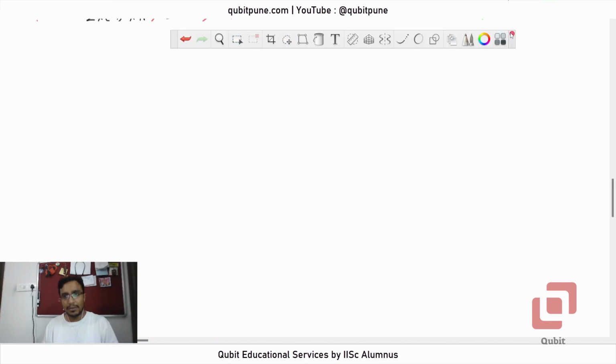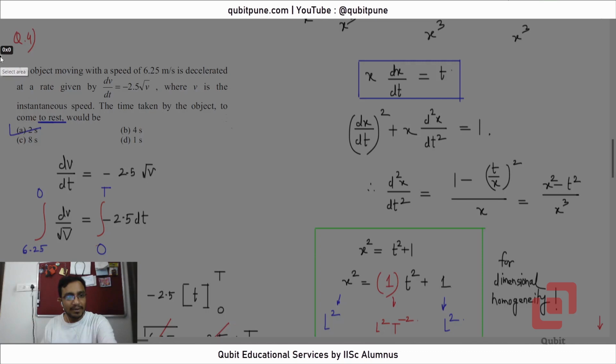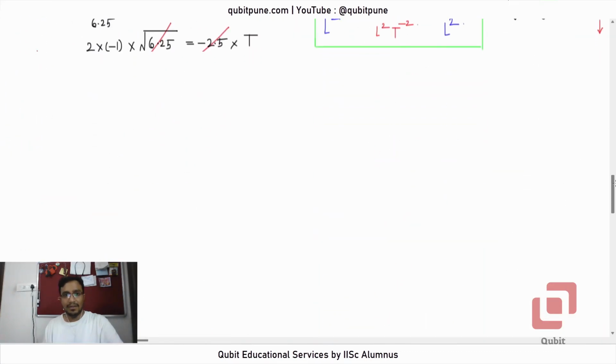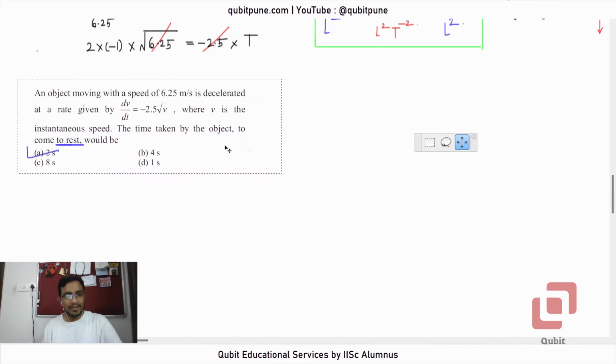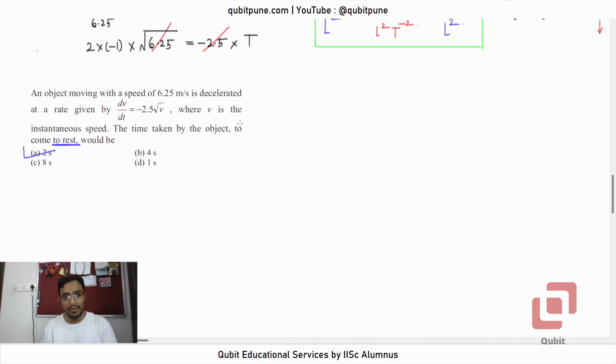Now my question to you is, if we know this data, is it possible to find the distance that the object travels before it comes to rest? Distance traveled before coming to rest.